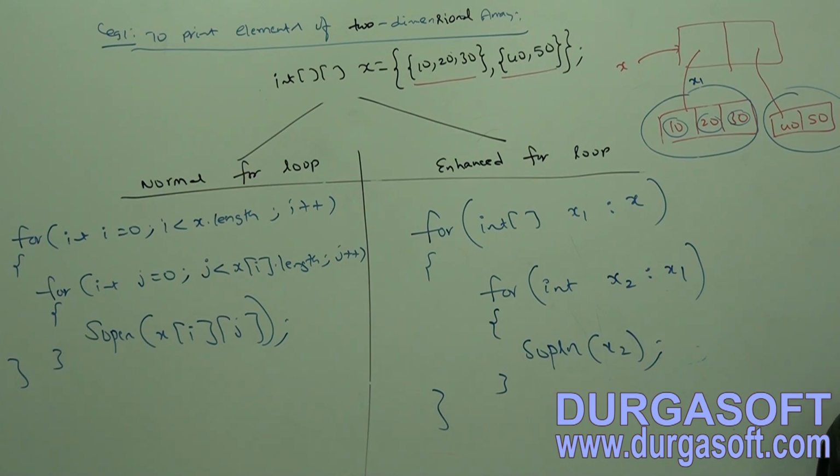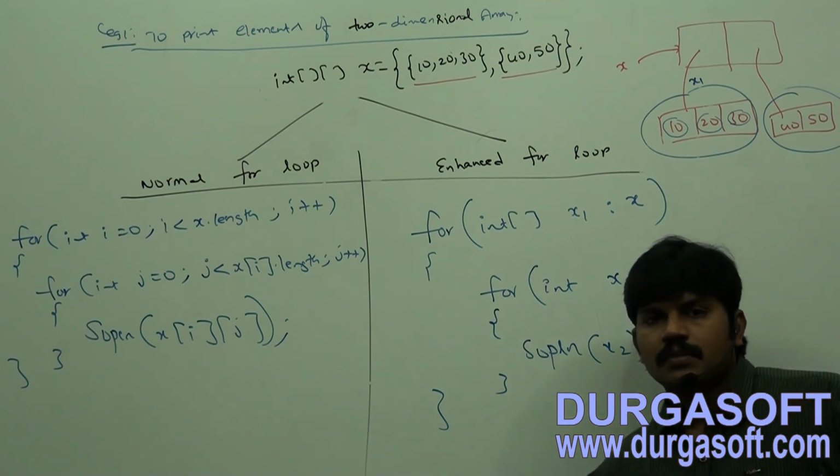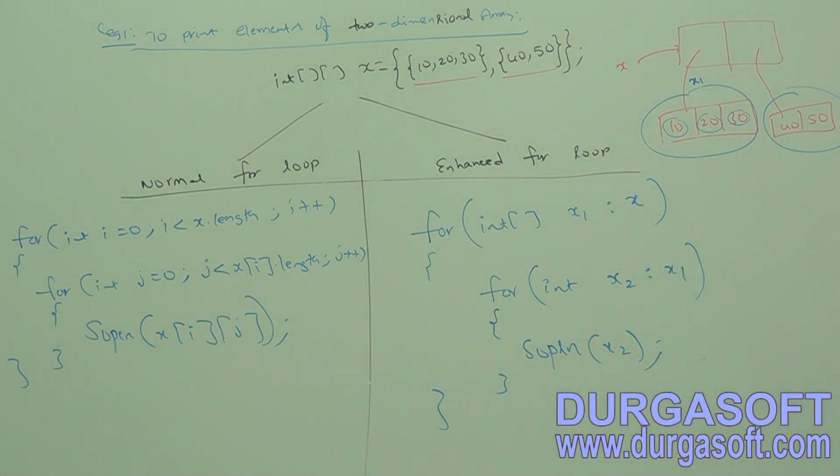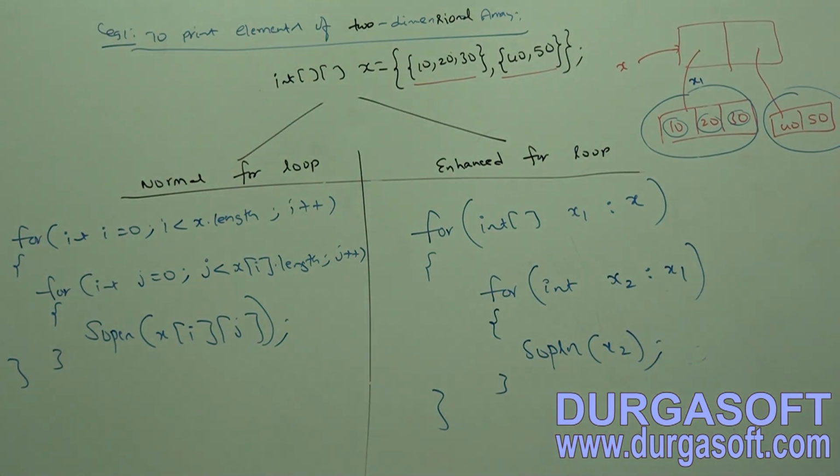This is the example 2 we have. Normal for loop, enhanced for loop. Completed, right? Next one. Example 3.